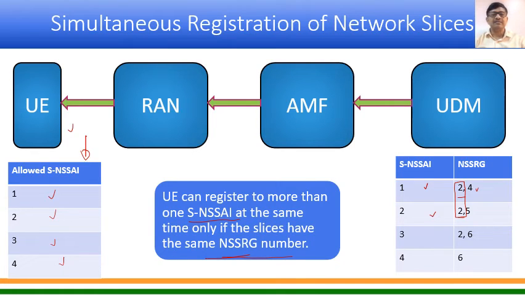That means the UE can simultaneously register for slice 1, 2 and 3 all because they belong to the same group 2. Okay. So that is the concept: if a number of slices are part of a group and the UE is allowed on those slices, it can register to those slices simultaneously.